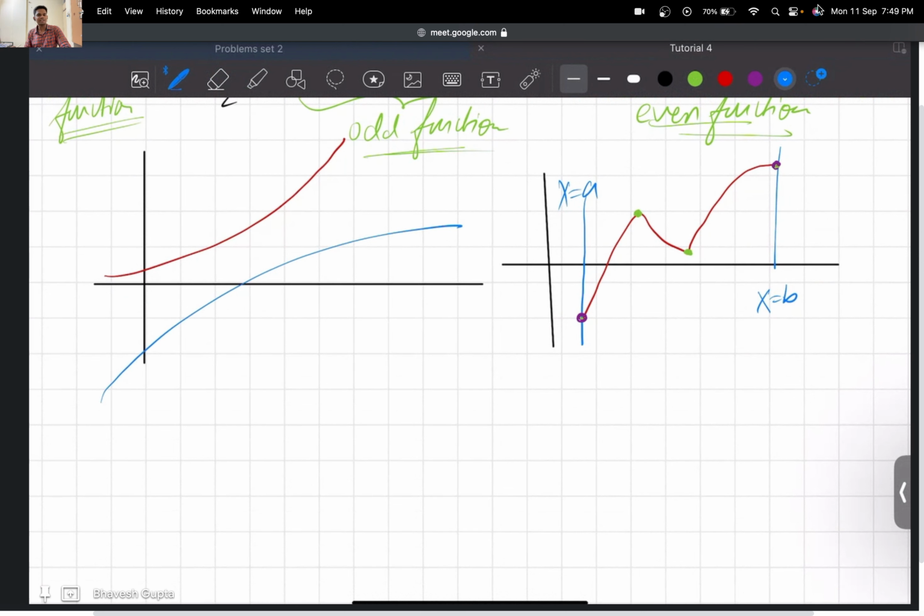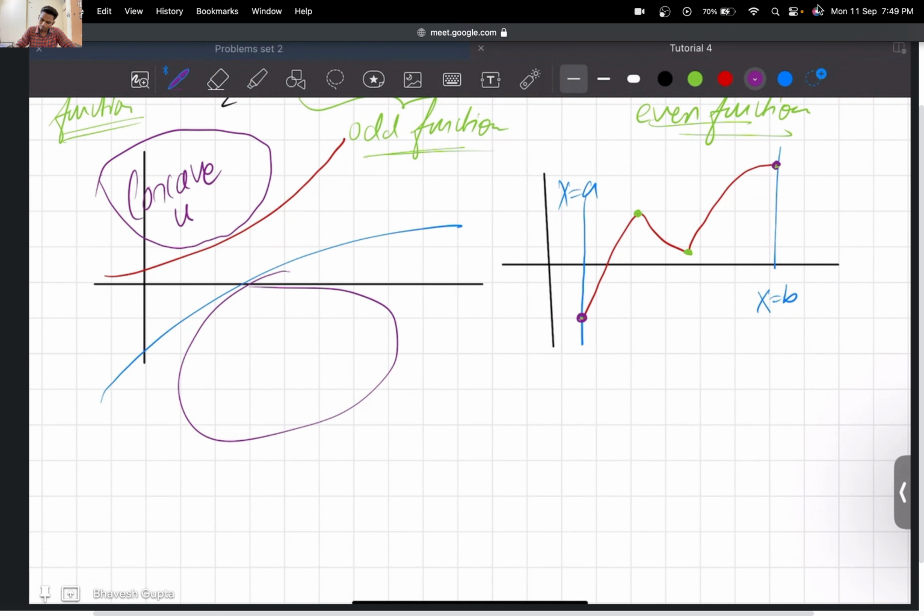This is also strictly increasing, but you can see one curve is concave up, another curve is concave down. And if you see very carefully over here, f dash x greater than 0 is true for both. But over here my double derivative is positive, but over here my double derivative is negative.